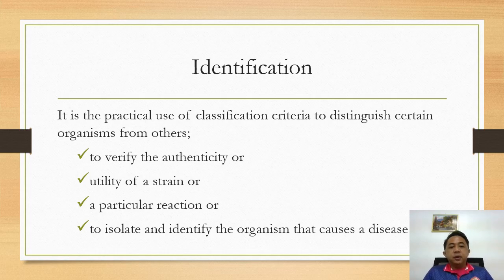Verifying the authenticity involves searching on the internet. Then we are also going to identify the strain of the microorganism, the reaction of the organism to certain chemical compounds, and the proper or best way to isolate and identify organisms that cause a disease.